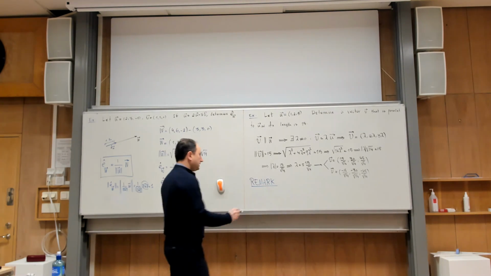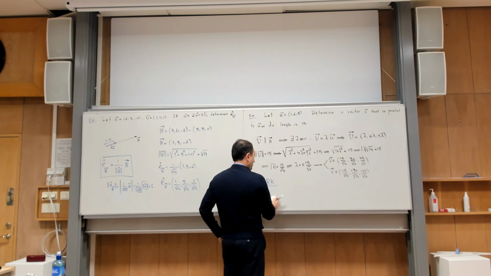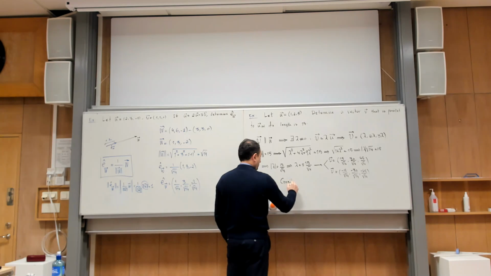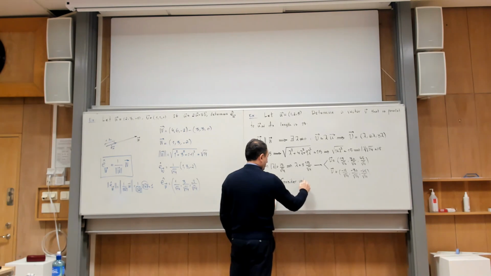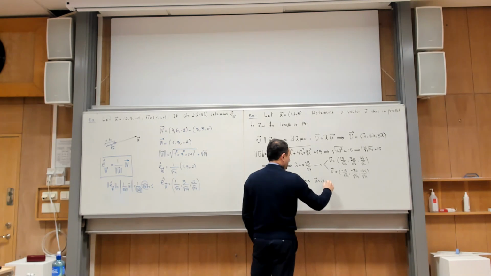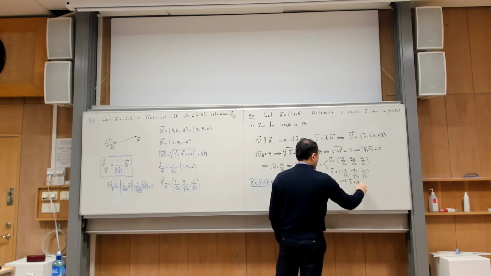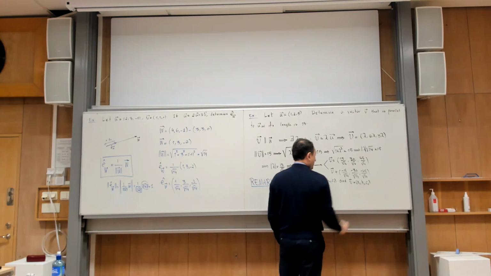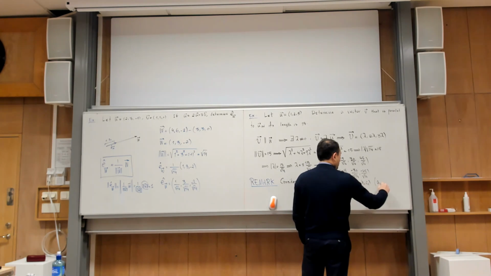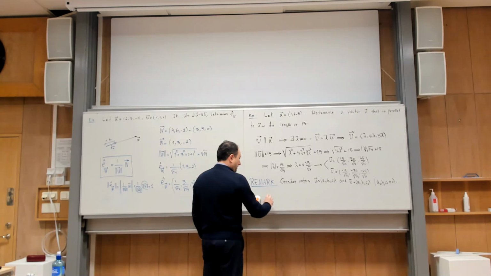I would say that let's consider vectors u with components a1, b1, and c1, and v with components a2, b2, and c2. And I emphasize that these three components are non-zero. Yes? Then we have this one.